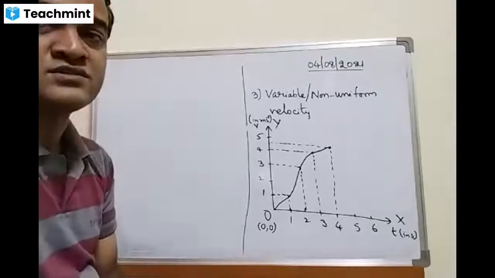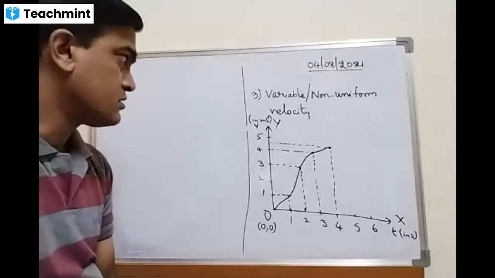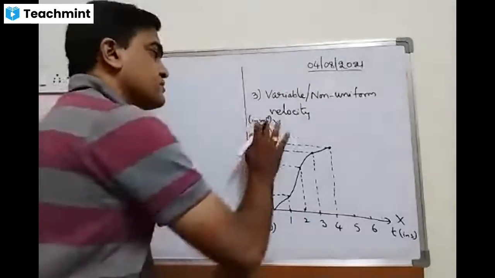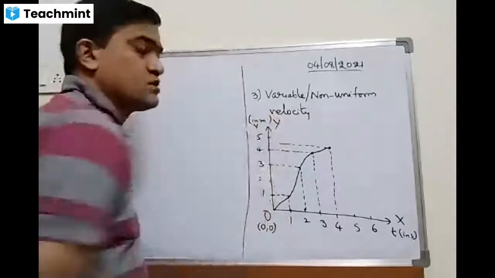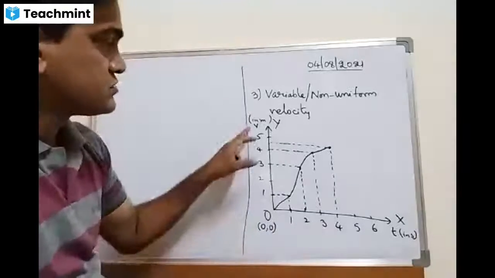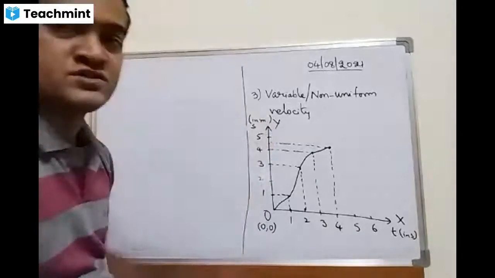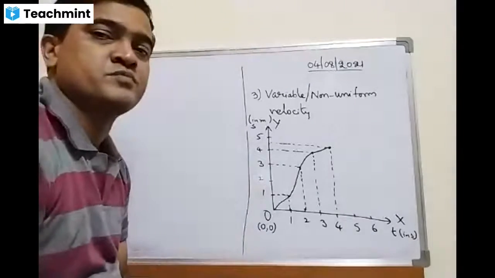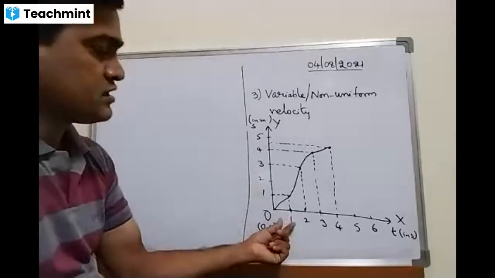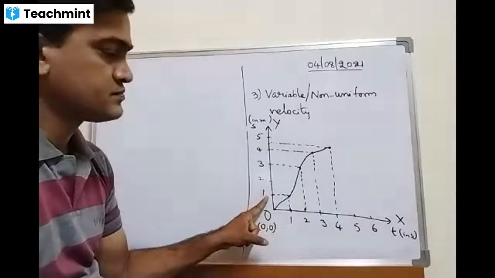I'm sorry, I'm extremely sorry. This should be in meters, not meters per second. See, let me repeat again. So along y-axis, this is not a velocity. This should be displacement. See, at 1 second, the displacement of the particle is 1 meter.